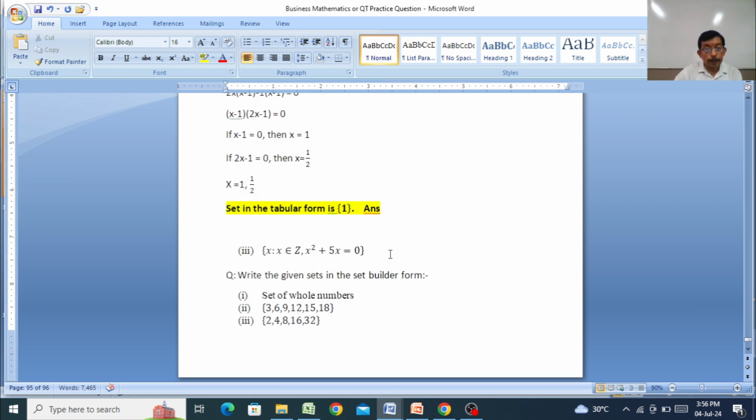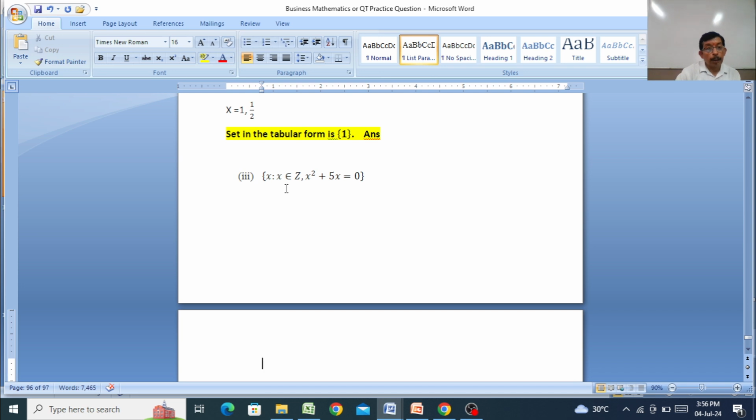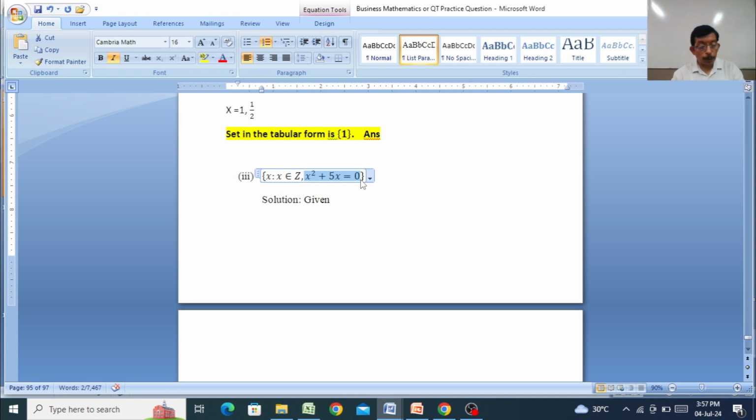Now the last part of the question. It is an integer. Then find the value of x. First we simplify this equation. Given x square plus 5x is 0.